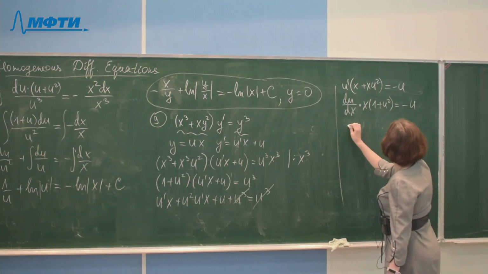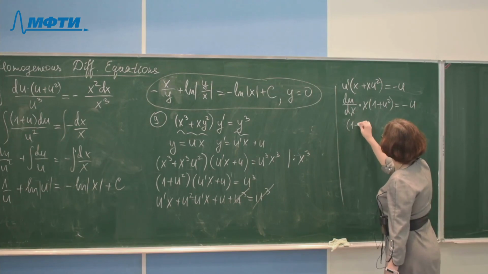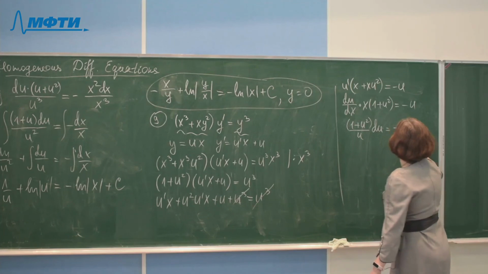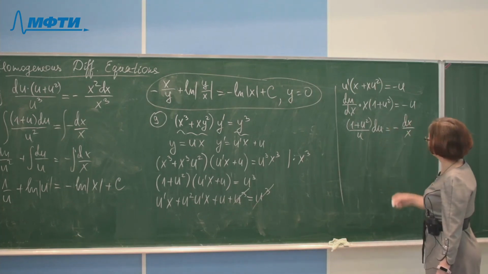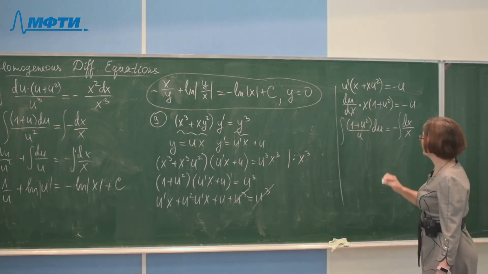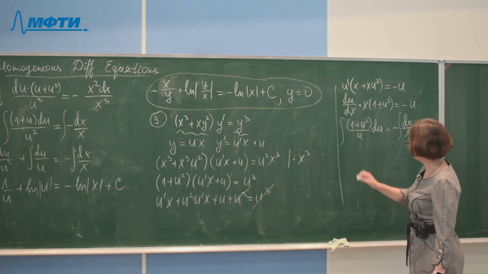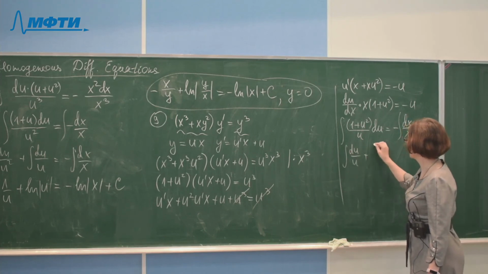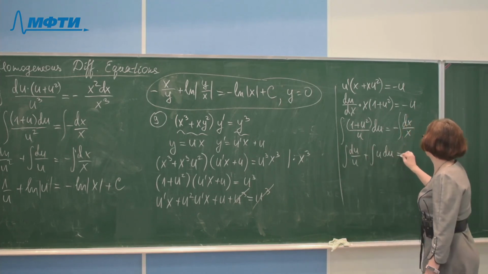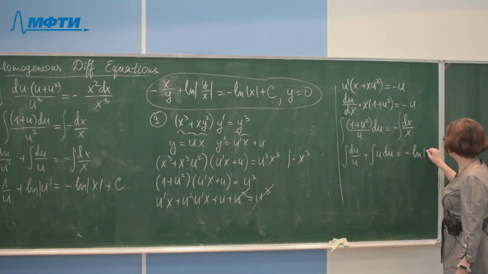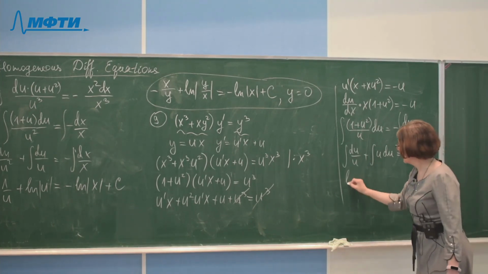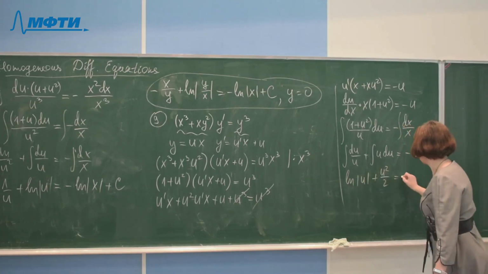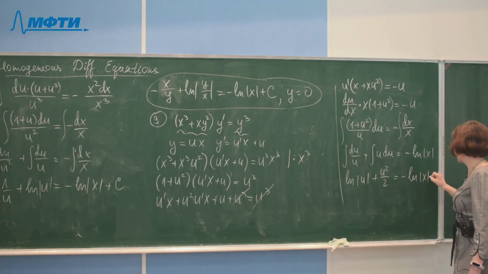Then we separate variables and we get 1 plus u squared over u du equals minus dx over x, and then integrate both parts. So we have the integral of du over u plus u du equals minus ln of the absolute value of x, then ln u plus u squared over 2 equals minus ln x plus c.